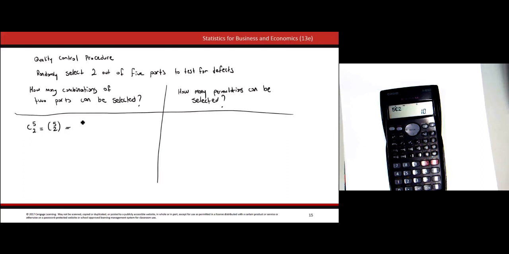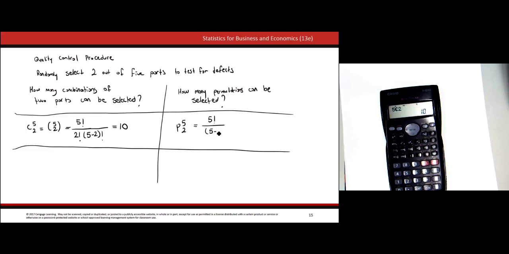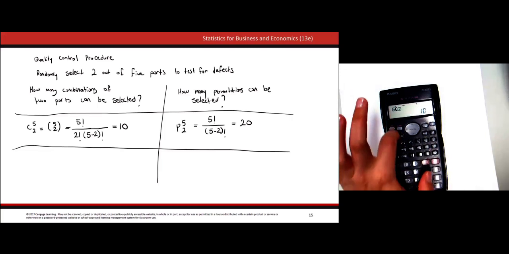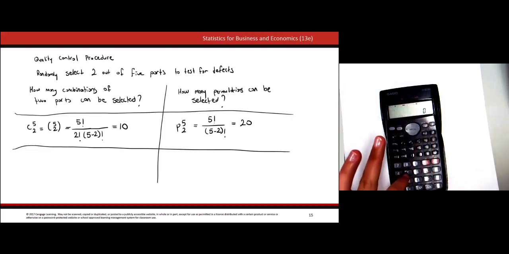Number of combinations is 5 factorial divided by 2 factorial times (5 minus 2) factorial, which is 10. And the permutation is 5 factorial divided by (5 minus 2) factorial, which is 20. For permutations, you can use nPr: 5 nPr 2, which is 20.